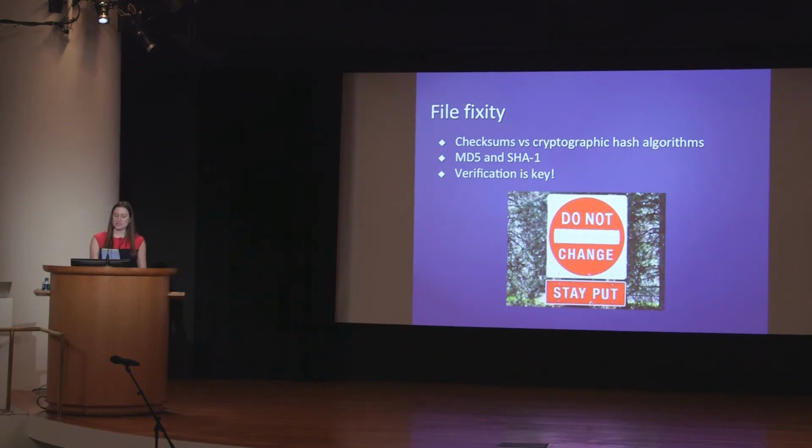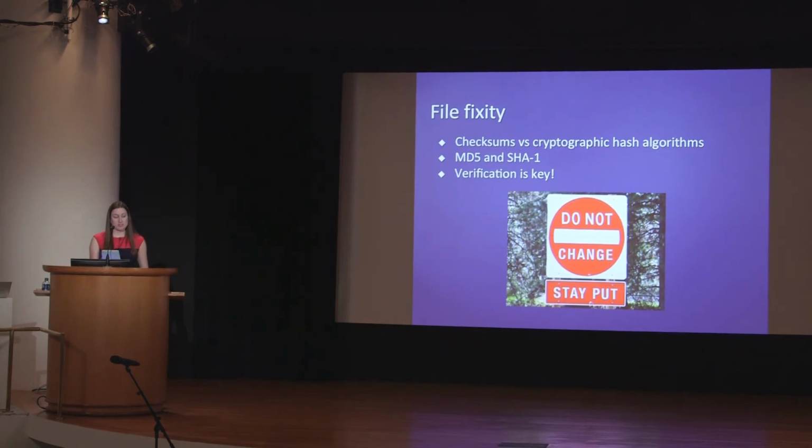I want to mention that we typically use the term checksum in digital preservation, but we're usually referring to cryptographic hash algorithms, which are a special type of checksum developed by cryptographers for information security purposes. Ben mentioned MD5 and SHA earlier. These are the two most common types of hash functions used by digital preservation tools. He also mentioned that MD5 has been reverse engineered.